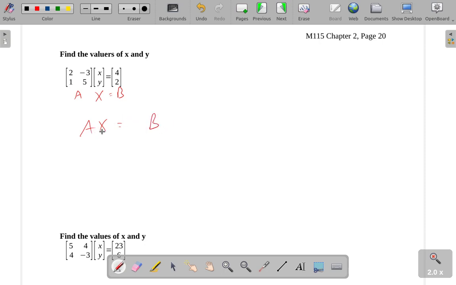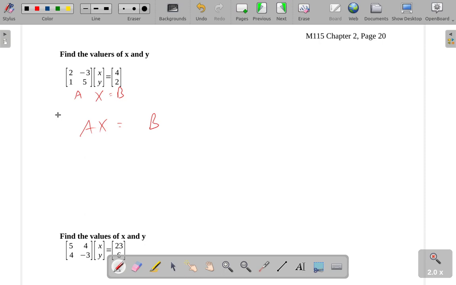The matrix inverse that I'm after here: I have a variable matrix, X. That's the thing I'm trying to isolate. And so that means I'd like to get rid of this capital A. With matrix inverses, I might very well have an A inverse that I can use.